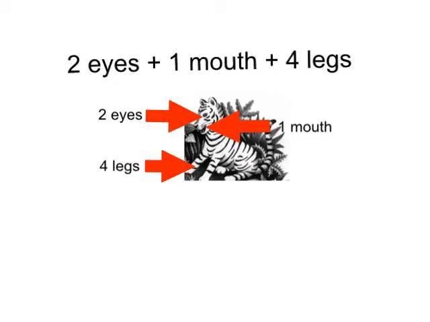So, if I add 2 eyes plus 1 mouth, I know that is 3. And if I add 4 legs to that, because I know my basic facts, I know that equals 7.